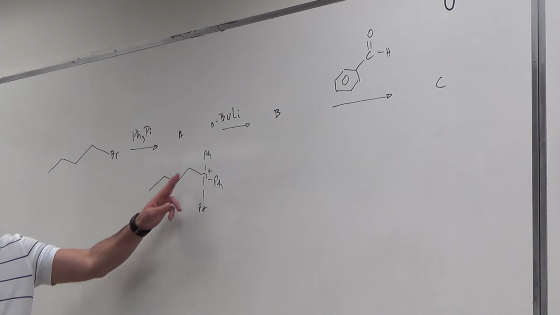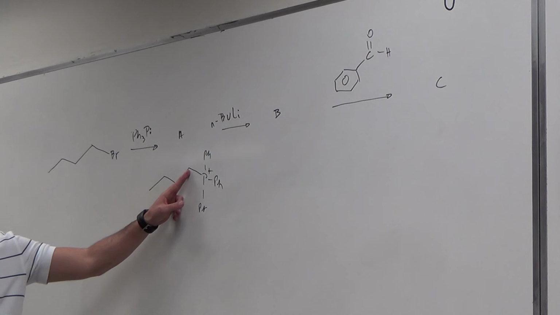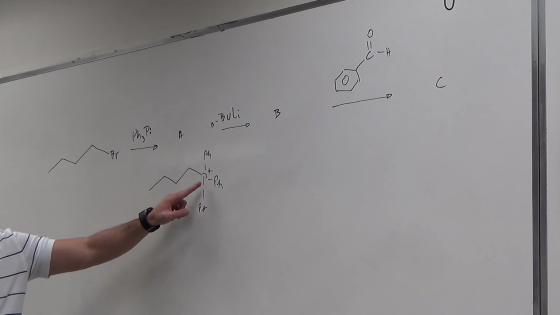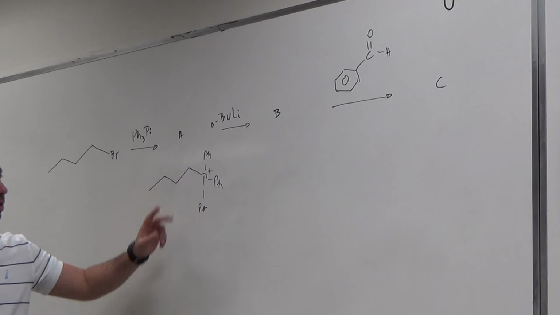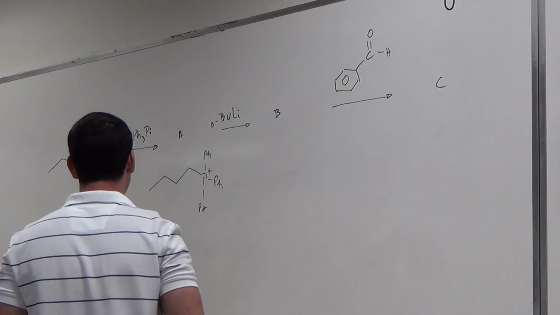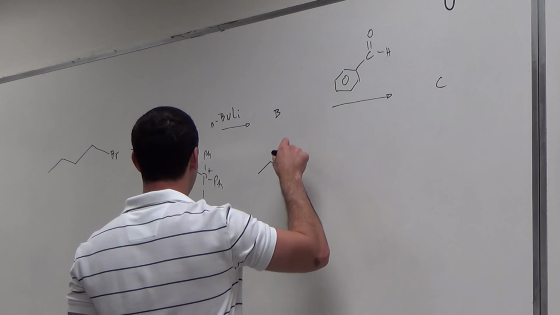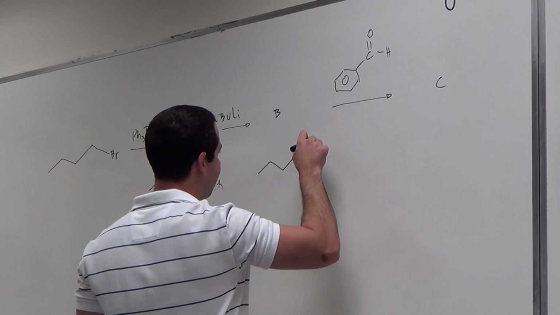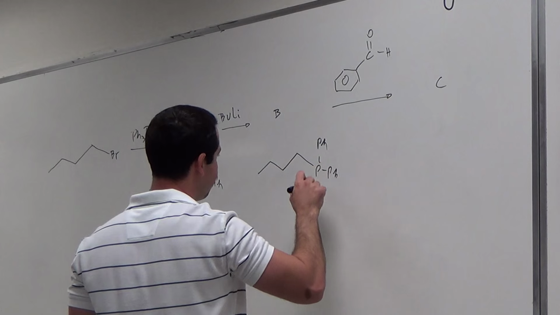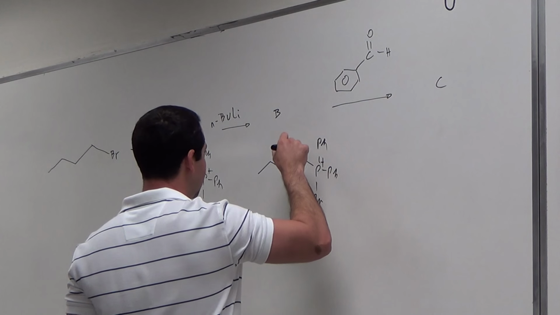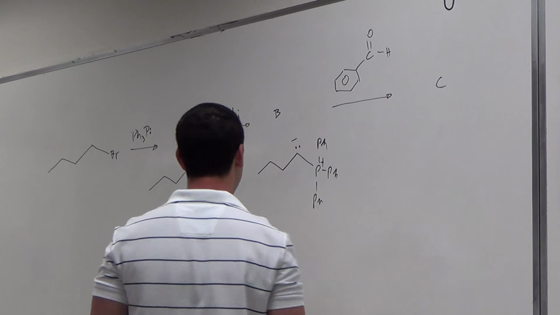Because it is positive, this is more acidic than it would normally be if that phosphorus wasn't there. So we add a base to it, and what does the base do? Pull this proton off. I'm going to redraw it again. Negative charge right here.